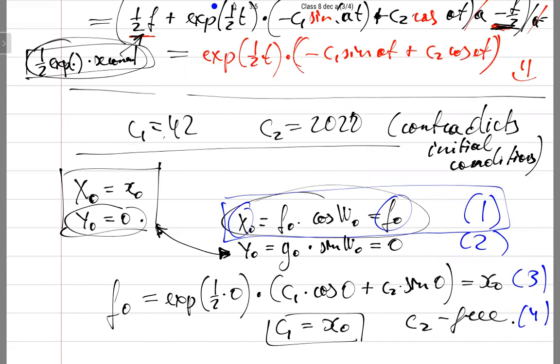Because it's given in the text that xt is ft times cosine of wt. It's a hint in the text of the problem: xt is ft times cosine of wt. It's given. We do not discuss. Okay, got it. Thanks.